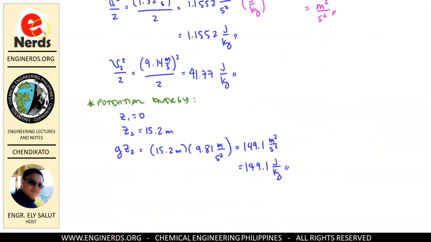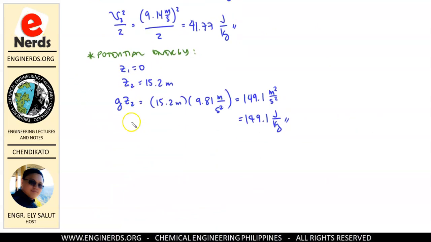So, let me write again our equation dito sa baba para mamaya, kapag nakuha na natin yung value ng ating enthalpy, it will not be difficult to substitute our value. So, our Q is equal to H2 minus H1, plus we have V2 squared minus V1 squared over 2, plus we have Z2 minus Z1 times g.